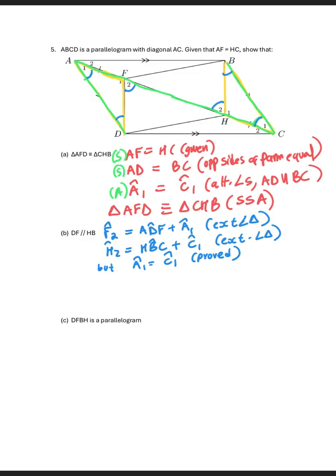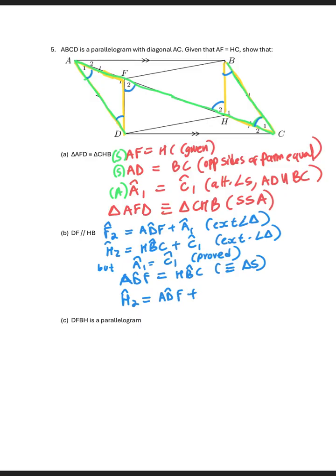And then I claim that angle ADF is equal to angle HBC. Reason, because the triangles are congruent. We just proved that the triangles are congruent, right? Therefore, where I see HBC, I can replace it with angle ADF.